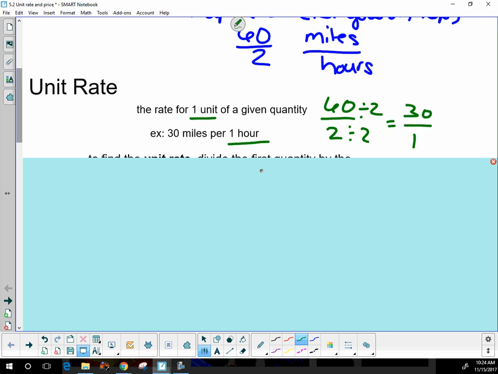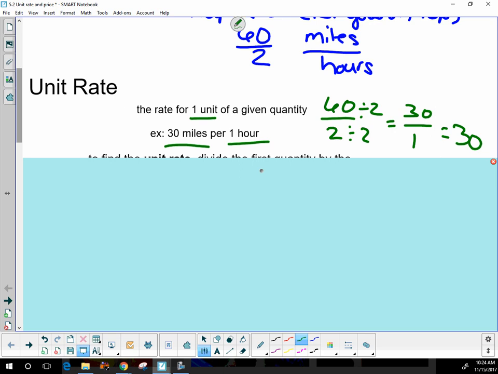30 to 1. But we don't talk like that. We don't say I drove 30 to 1 miles per hour. So we just get 30. We're going to simplify that one more step and go to 30. And I know what you're thinking. You said, hey, you told us not to reduce ratios to a whole number because that's one amount. Well, guess what?